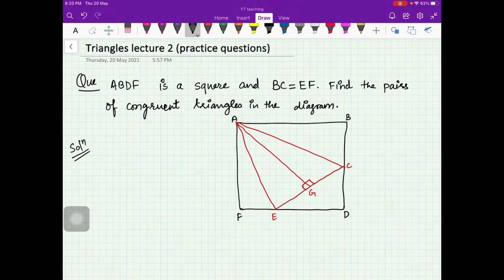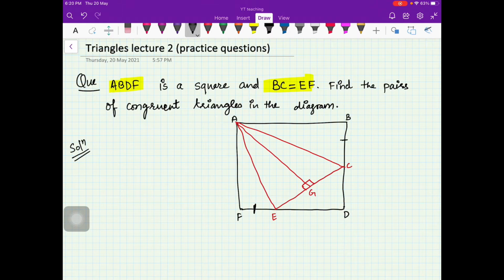So the problem was: you are given that ABDF is a square. Here you are given a square, and also it is given that BC is equal to EF.